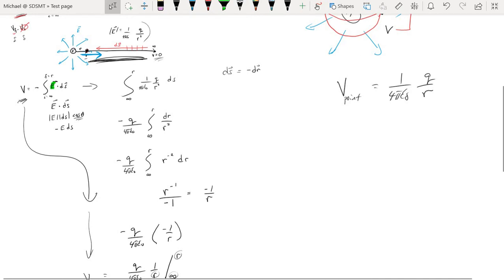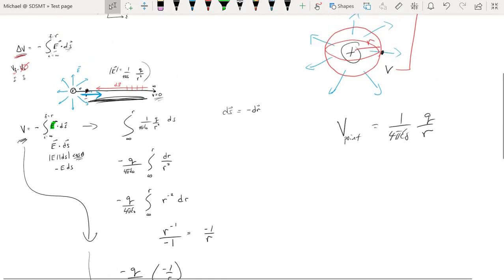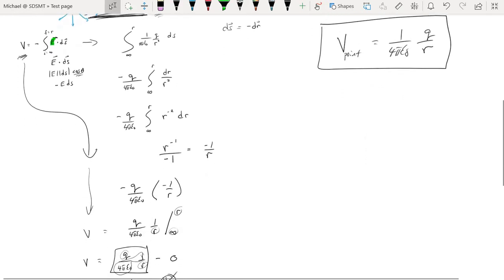We now need to take that information and use it to derive electric potential. But we now have a fairly standard starting point right here. If this is the electric potential that is going to be produced by a single point charge, remember, potential is a scalar. And when it comes to scalars, we can just add the numbers up. There are no fancy requirements for the summation or the integration.